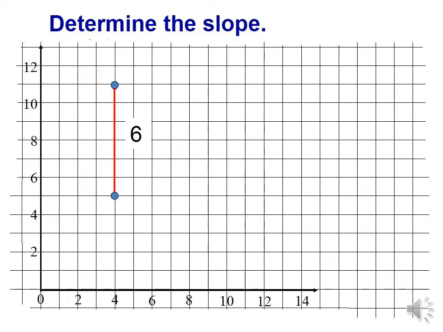The change in y means y2 minus y1, which is 11 minus 5, equal to 6, over x2 minus x1, which is 4 minus 4, meaning 0. Finally, the answer will be 6 over 0. That means the slope is undefined.